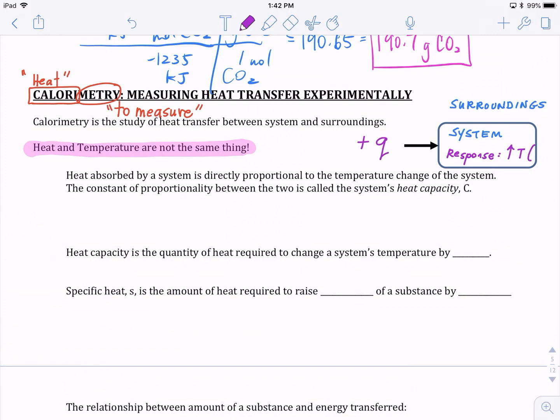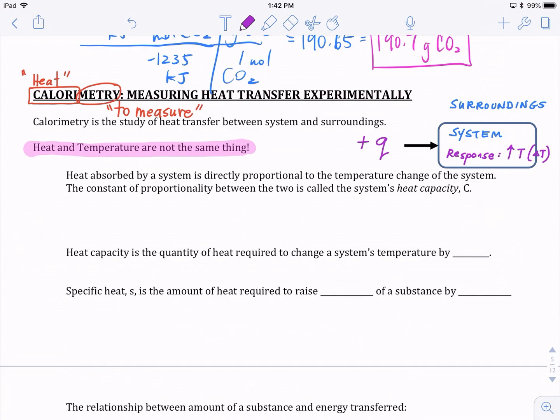So we're going to have that temperature change. You can have other things too. You can have a phase change depending on what temperature you're at. But oftentimes if we add heat to something, it's going to increase the kinetic energy of its particles. And if we increase the kinetic energy of its particles, we increase its temperature.